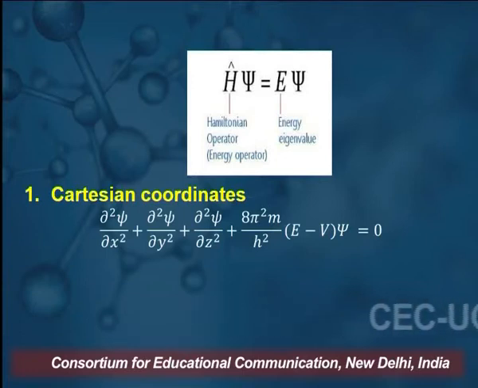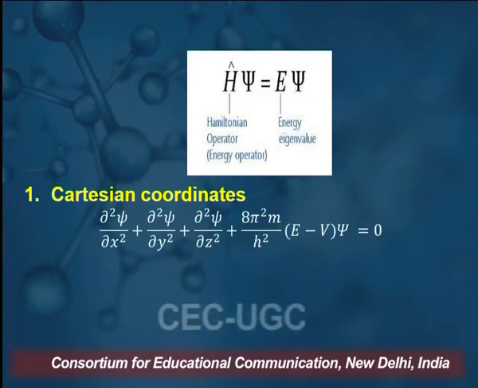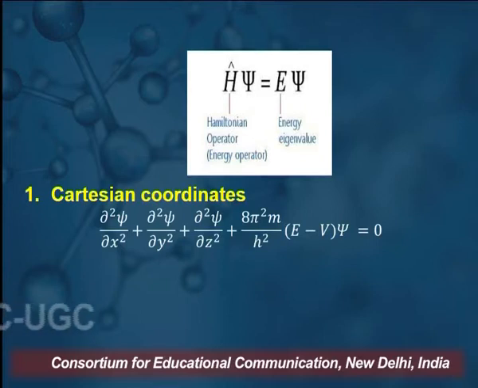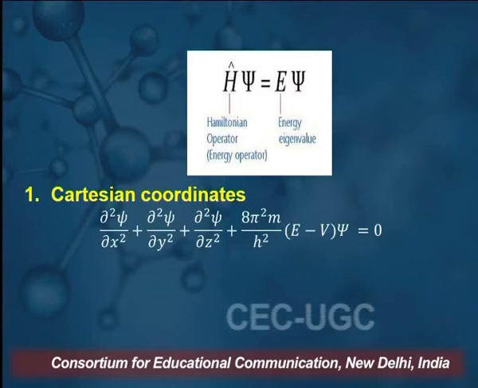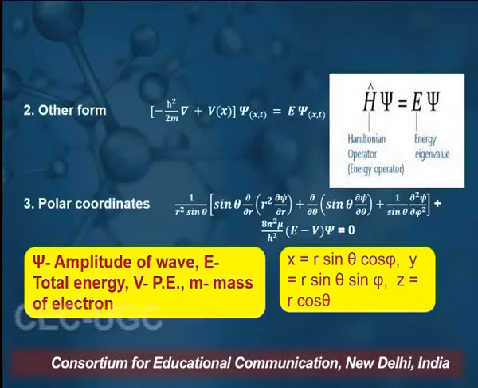It is given by d2 psi upon dx square plus d2 psi upon dy square plus d2 psi upon dz square plus 8 pi square m upon h square (E minus V) psi is equal to 0. Here x, y, z are the Cartesian coordinates. In polar coordinates, this equation is there on your screen.